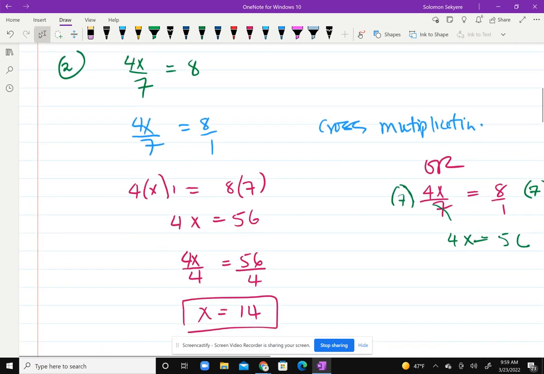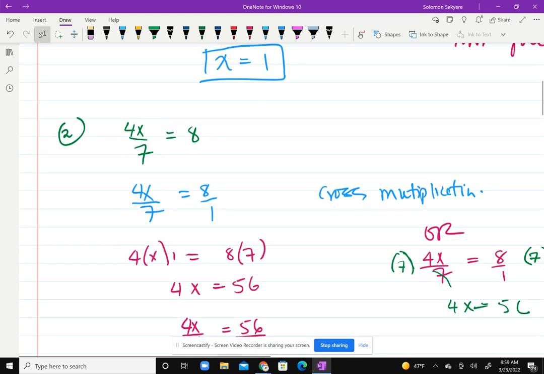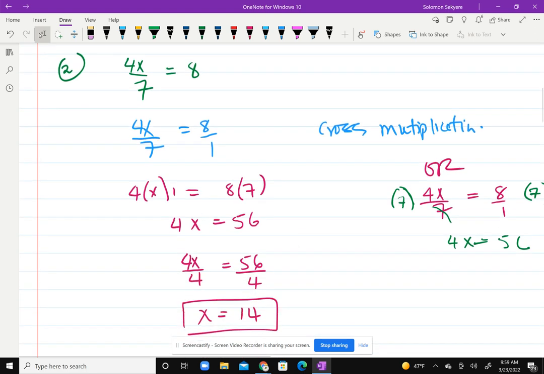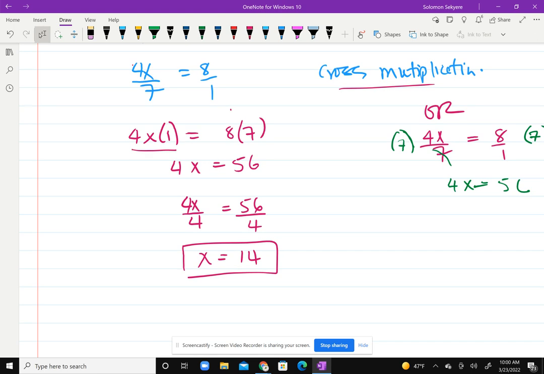All right, let's do another one here. We have 4x over 7 equals 8. What is x? Okay, so here I can make 8 the same as 8 over 1, and I can apply cross multiplication, which means 4x times 1 is equal to 8 times 7. 1 times 4x is 4x, so 4x equals 56.